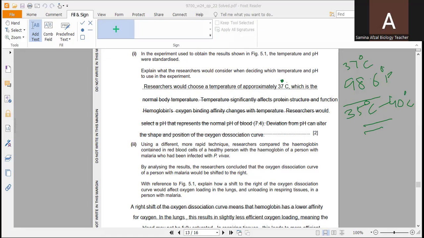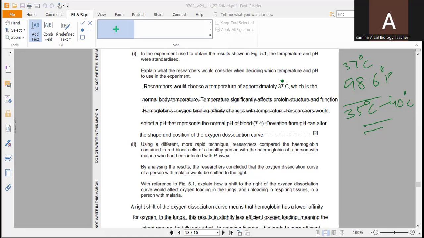Same with the pH, they will select the pH that represents the normal pH of the blood, that is 7.4, or you can say neutral pH, because if there is a change in the pH, it will affect the body.